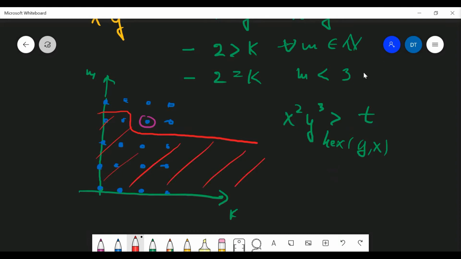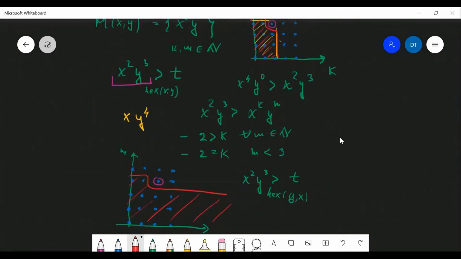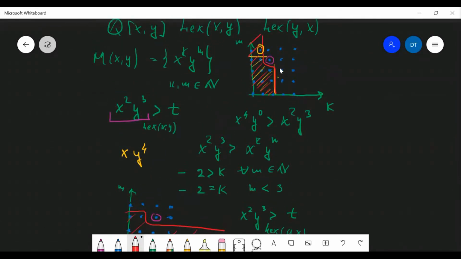Now, the other question: I want to describe all the monomials strictly higher than this one. What are the monomials larger than this one on this picture? Everything else, yes, exactly, because this ordering is linear.